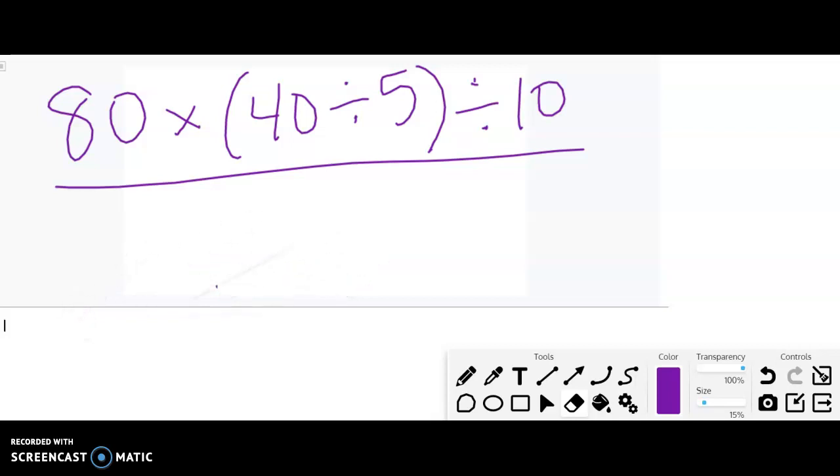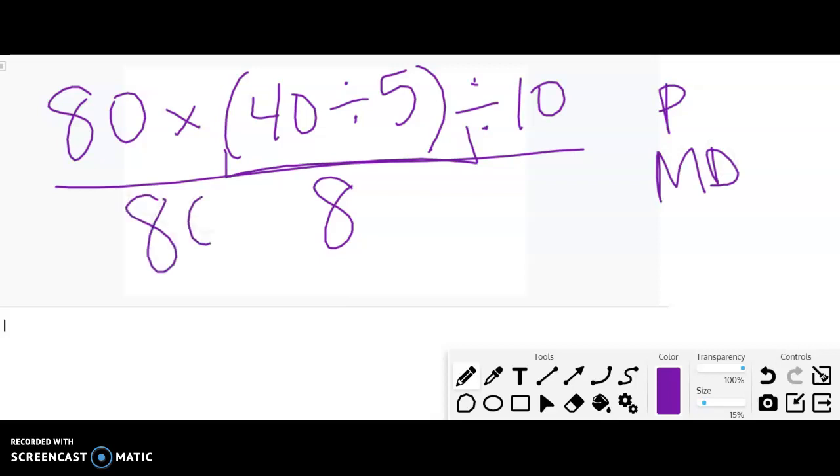And we're going to use the order of operations because that's what we do. So, any parentheses? Yep, 40 divided by 5, that's 8. We don't want to worry about exponents. Next we get to multiplying and dividing. But I do want to recopy this before. So you'll want to write this on a paper and work out your answer. Then you can just put your answer on your worksheet.